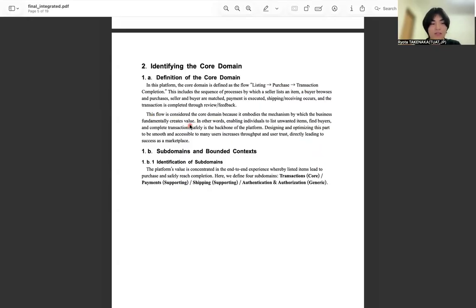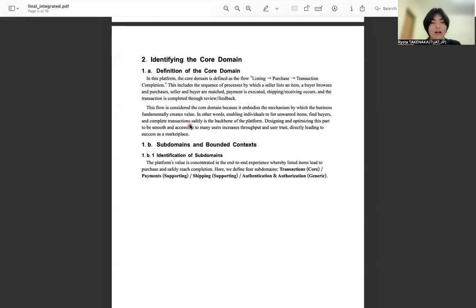Why is it the core? Because this flow is how the business fundamentally creates value. Enabling individuals to sell items and complete transactions safely is the backbone of the entire platform. Automating this flow is what leads to success.